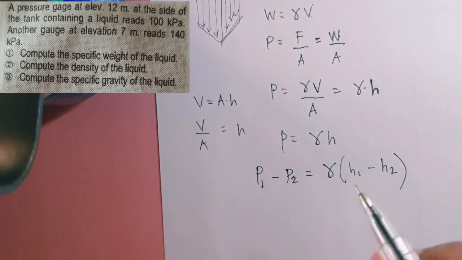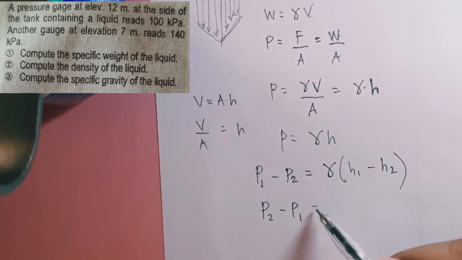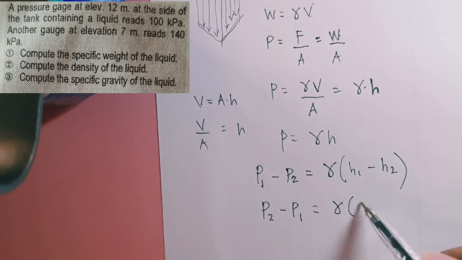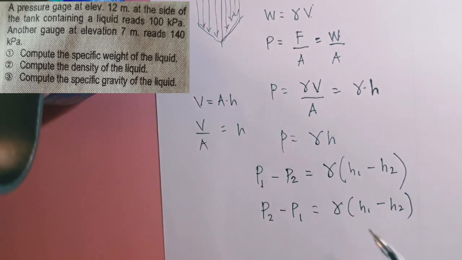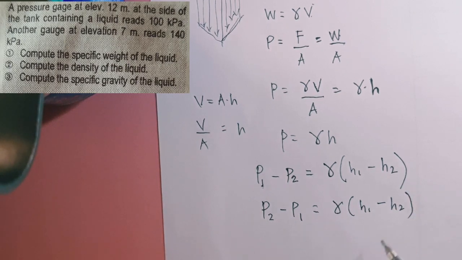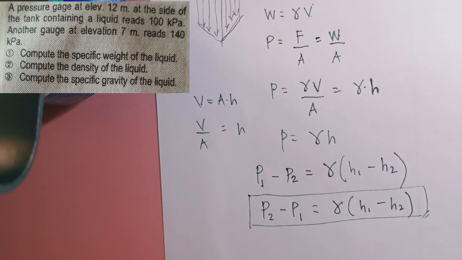So para ma-positive siya, dapat ang atong formula is P2 minus P1 equal to gamma times H1 minus H2 for the difference in elevation. So sa kani nga formula, positive ang ato ang value.